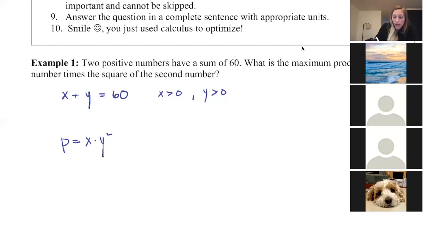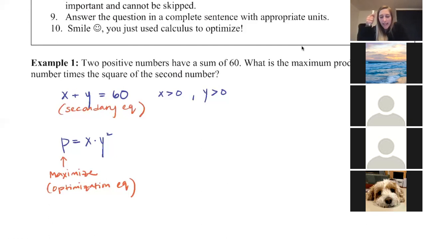However, this equation with P in it, this is what we're trying to maximize. Therefore, this is our optimization equation. And this first equation that we came up with is actually the secondary equation.